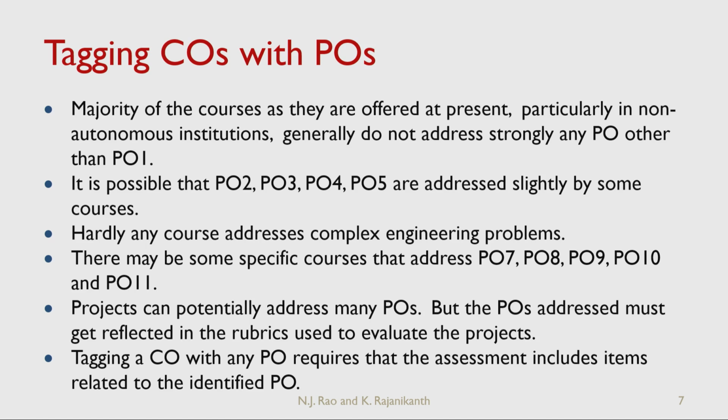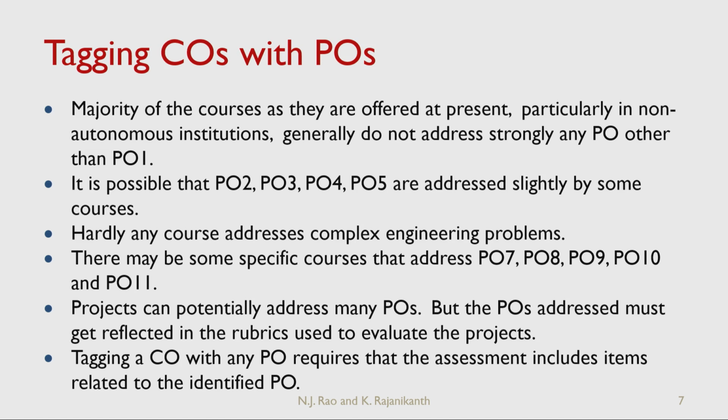Not only assessment, instruction must clearly indicate that it is facilitating the attainment of that particular PO. For example, if you tag a CO with PO12, which is lifelong learning, we must show instructional activities designed to facilitate learners acquire the knowledge, skills and attitudes required for lifelong learning.